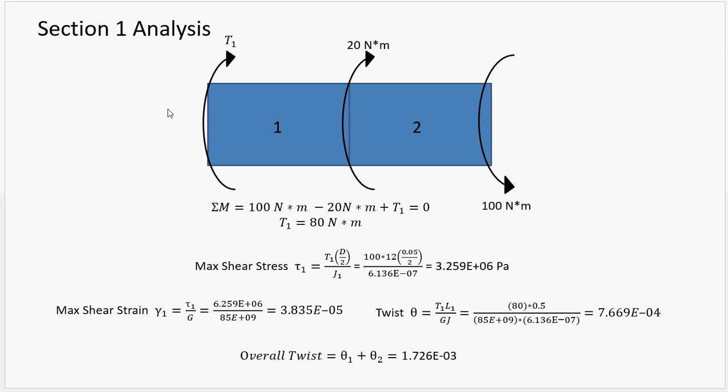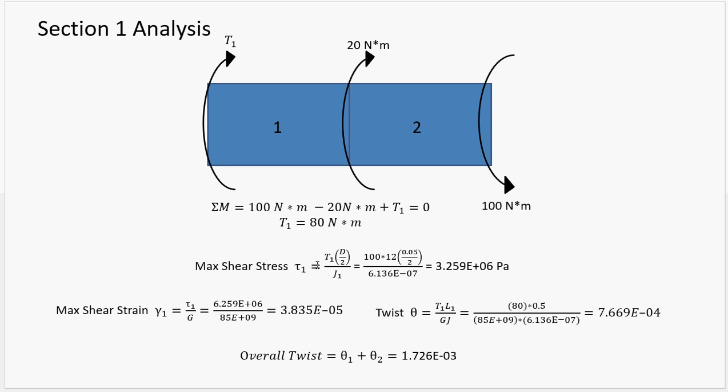Now in section 1, you can see we have the 20 newton meter load applied. So when you sum up your moments, it's going to come out to T1 is 80 newton meters.